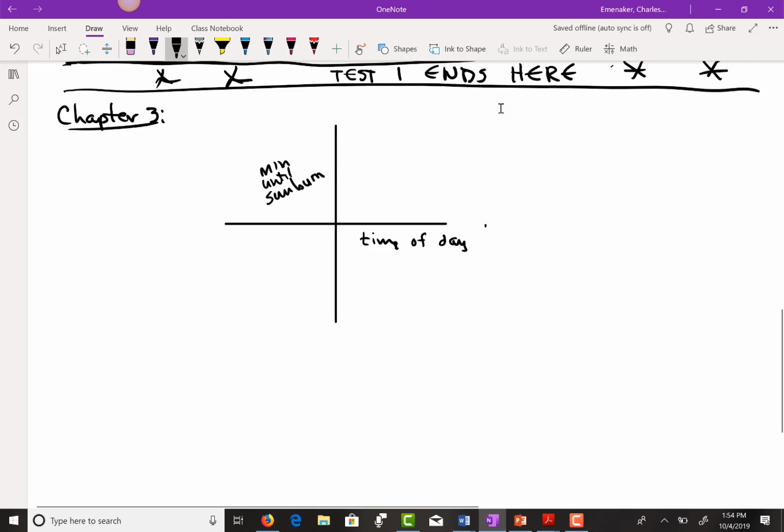So on this time of day stuff, if we had like 8 a.m., and then here was noon, and here was 4 p.m., and here's 8 p.m., we could look at how many minutes you could be out in the sun before you got a sunburn. Now this is assuming no suntan lotion or any form of protection on your skin.